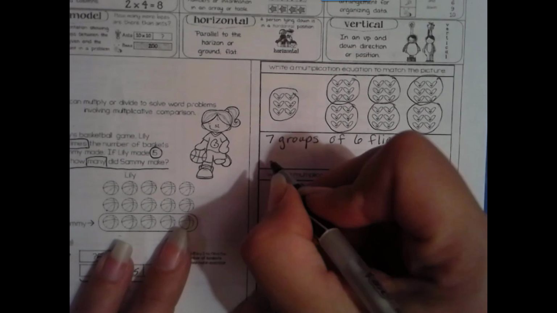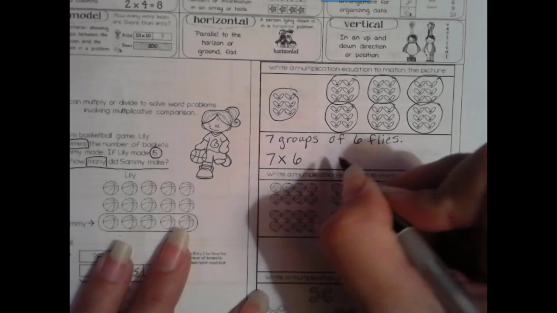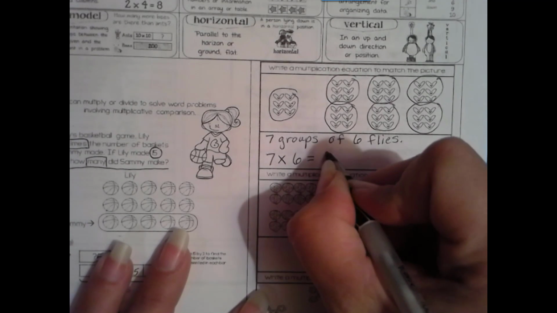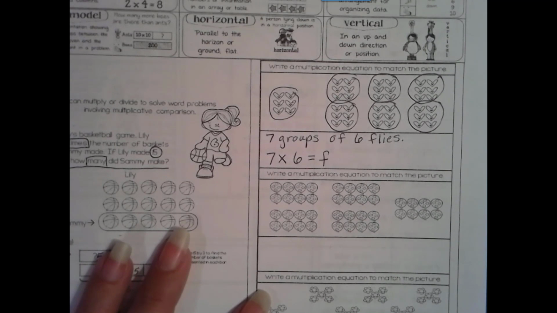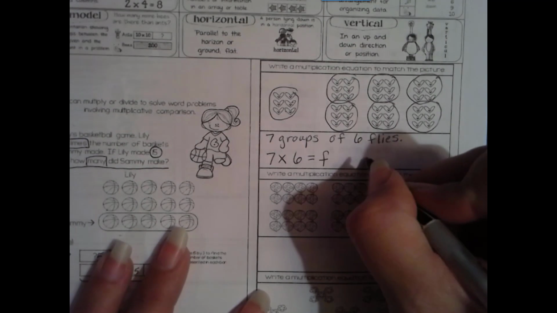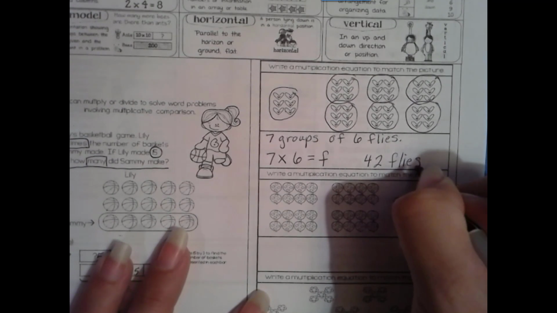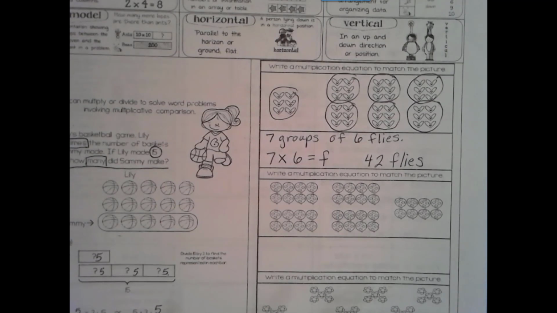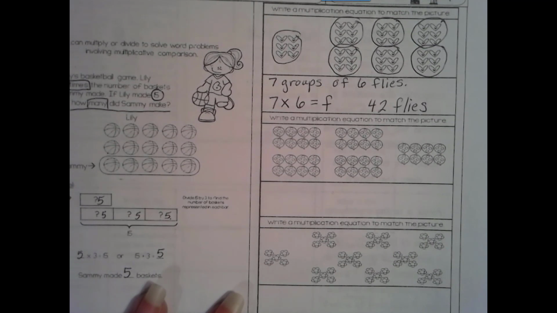As an equation, 7 times 6 is 42 flies, because multiplication is joining together of equal groups.